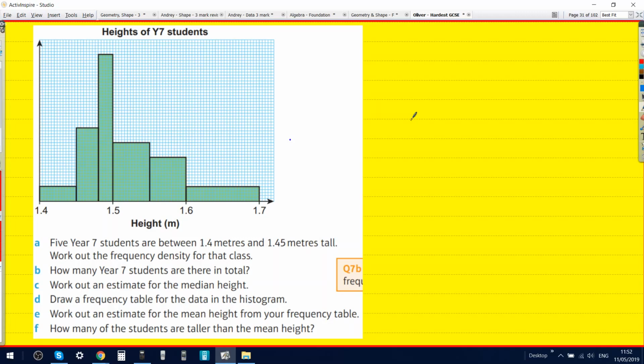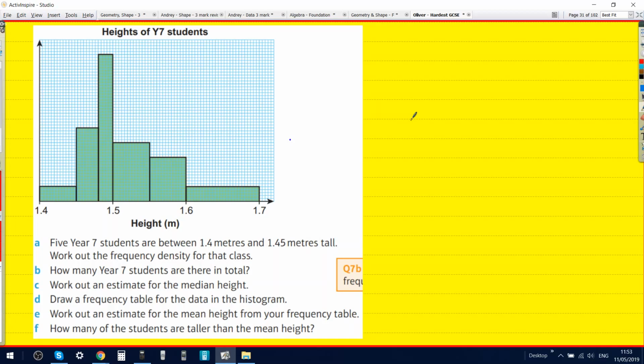Okay, so the frequency density is frequency divided by the width, isn't it? Yep.